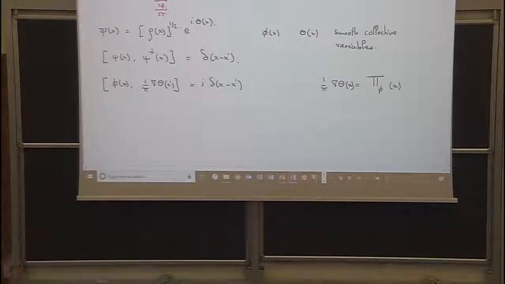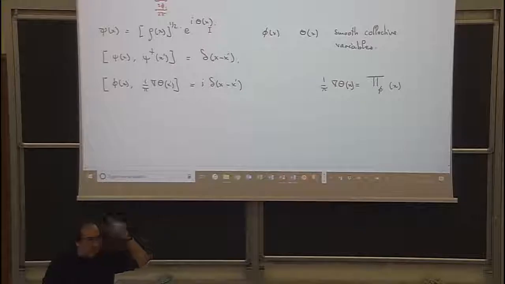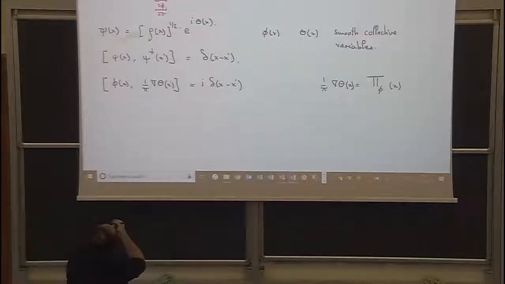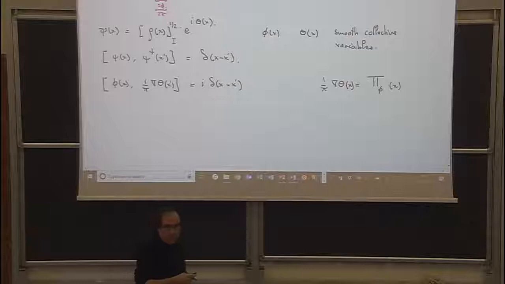It takes a little bit of time, that's why I don't want to do it here, but it's easy to check that if you take this commutation relation and compute explicitly this object by using the definition of the density, and the rule of commutation of two exponentials, e^A e^B equals e^B e^A times the exponential of the commutator of A and B, if A and B commute with their commutator, you end up with a precise and correct commutation relation between the operators.